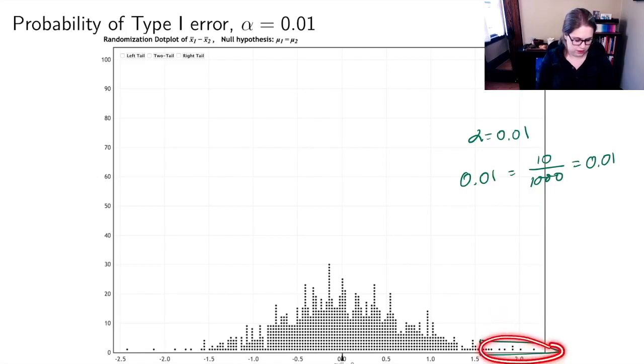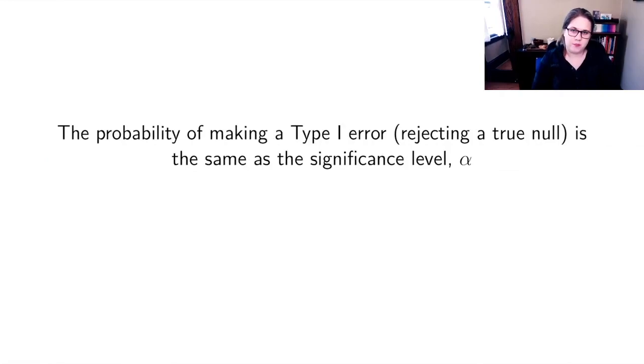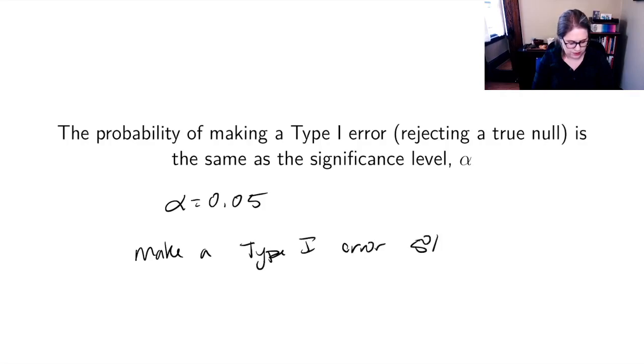So even though they happened under the null hypothesis, we would say we're going to reject the null if we were out in this tail. So we're going to make a mistake some percent of the time. And that means that the probability of making a type 1 error, rejecting a true null, is the same as the significance level, alpha. So if you have alpha equal to 0.05, you're going to make a type 1 error 5% of the time.